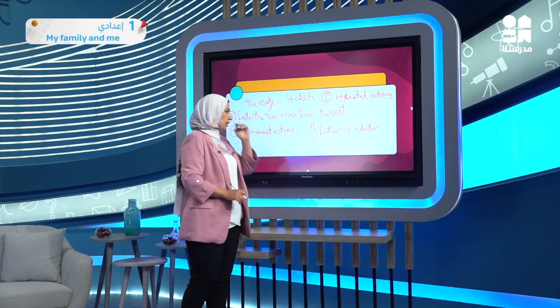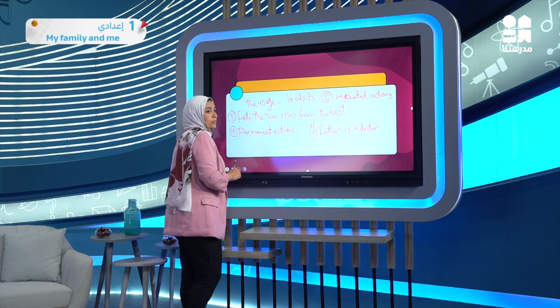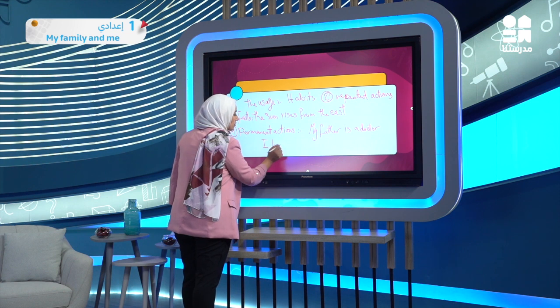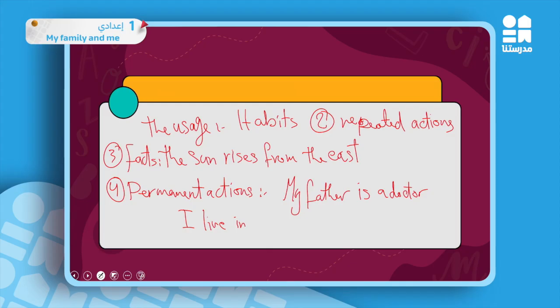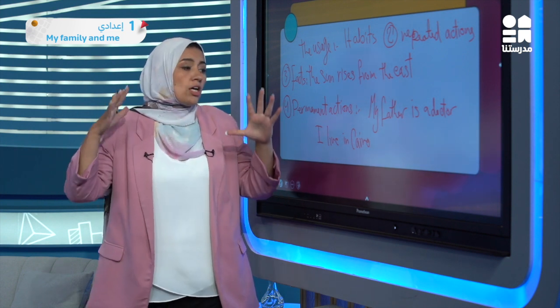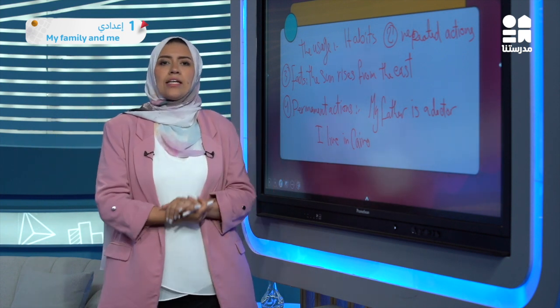Okay, another example. When I say I live in Cairo, it's a permanent action. My home, my work, my family, everything around me is in Cairo.